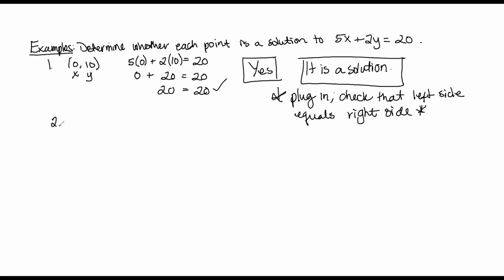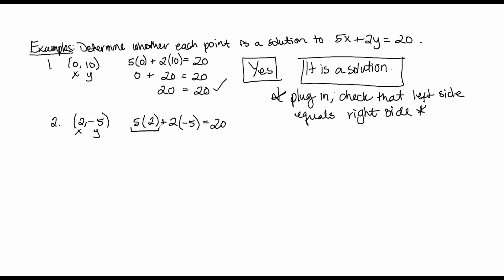Go ahead and try another one. Let's check the point 2, -5. So if you want to pause, plug this in, and then make sure you got it right. I'd suggest doing that. But let's go ahead and get started. So again, we have an X and a Y. Remember, X always goes first. The way you can remember that is it's alphabetical order. X comes before Y. Now let's plug X and Y in. So 5 times X, so I have 5 times 2, plus 2 times Y, so 2 times -5, equals 20.